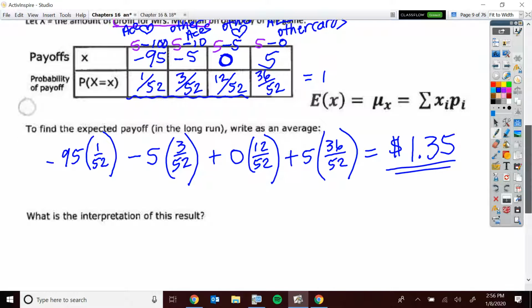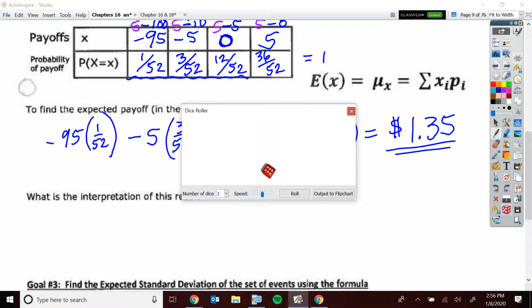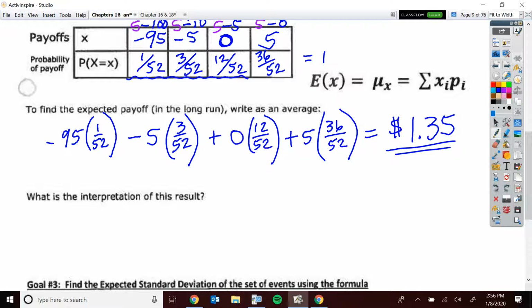So we, of course, need to know, what does that really mean? Since this class is all about context, what does that mean in context of this problem? So who told who last? I don't remember. So Evans, sorry, you're up. I don't remember what's left. Evans, tell the odds what this $1.35 means.